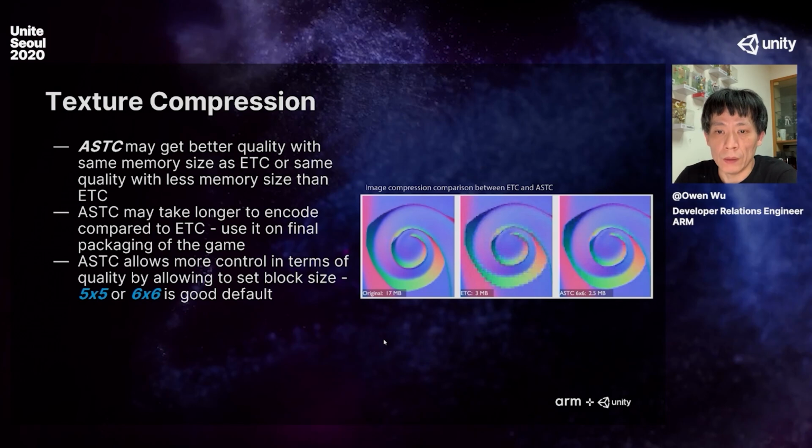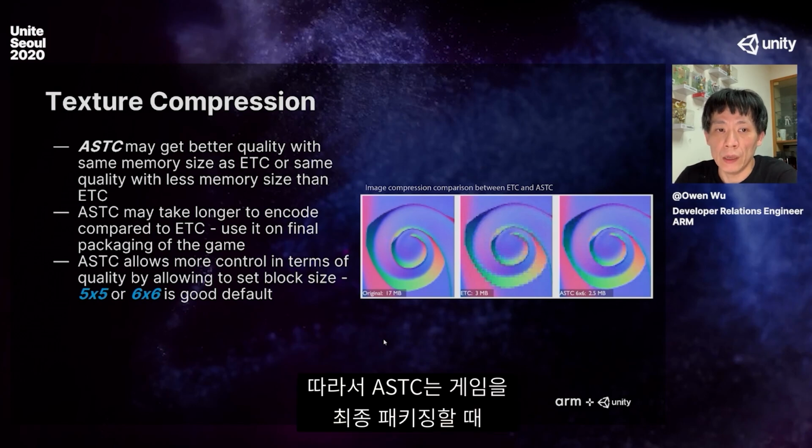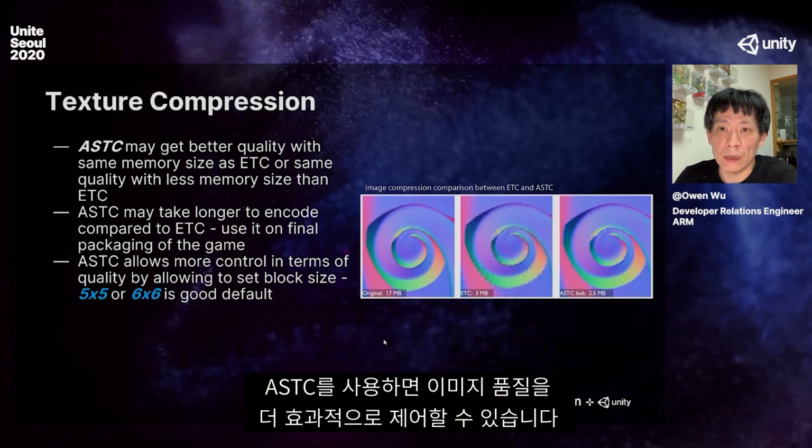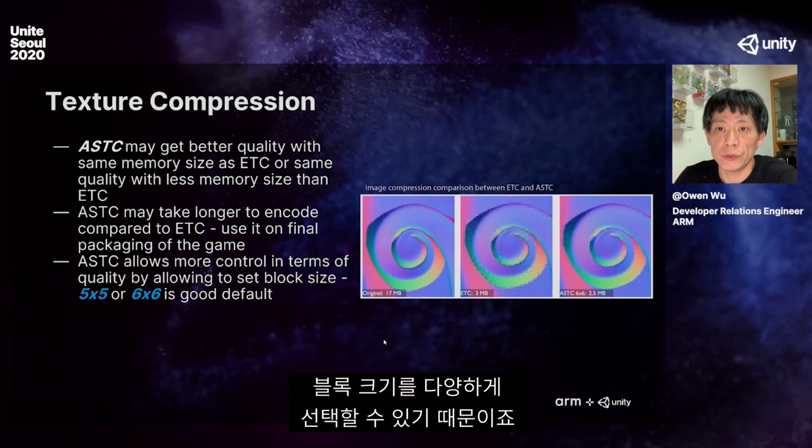So it's better to use ASTC for the final package of your game. And ASTC allows more control on image quality, because you can choose different block sizes.